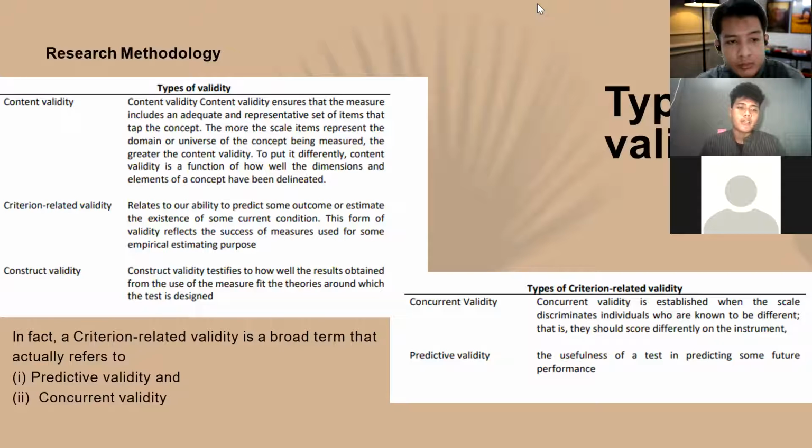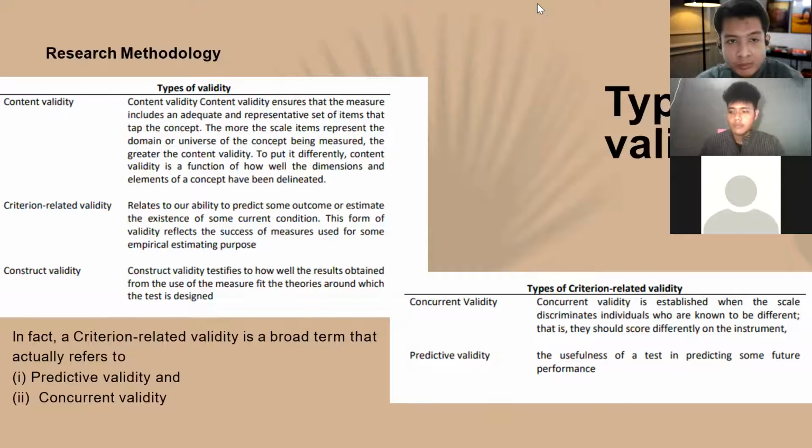In fact, criterion-related validity is a broad term that actually refers to two types. The first is concurrent validity, established when the scale discriminates individuals who are known to be different. That is, they should score differently on the instrument. And the second is predictive validity, the usefulness of the test in predicting some future performance.